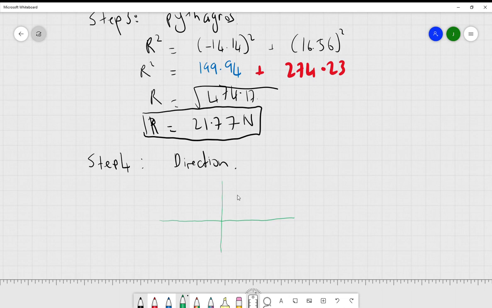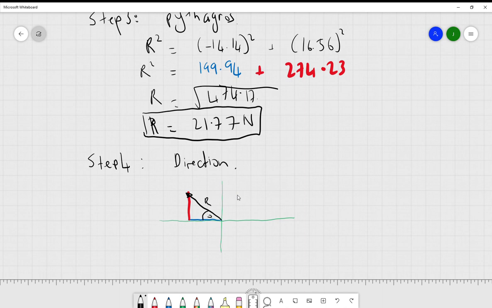Okay, so we know that it is a negative x direction, so we're going to be in the negative x in this way. So it's 14. And we know we're going to have a positive y though, so positive y just a little bit longer. So we know that our resultant is going to look like this. So resultant in black. So this r of 21.77 is in this direction.